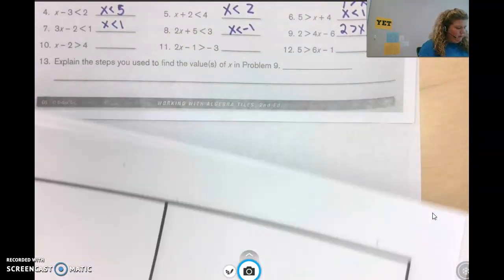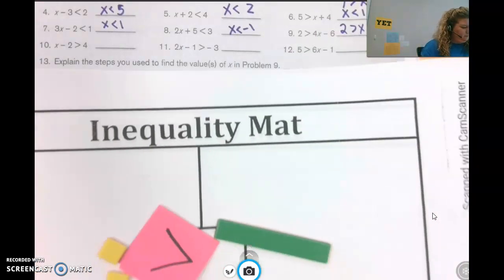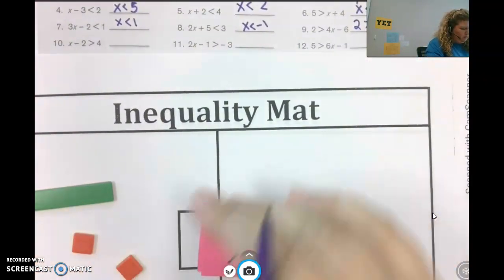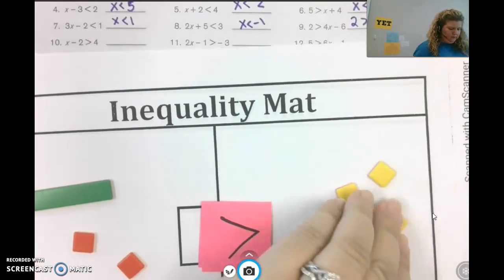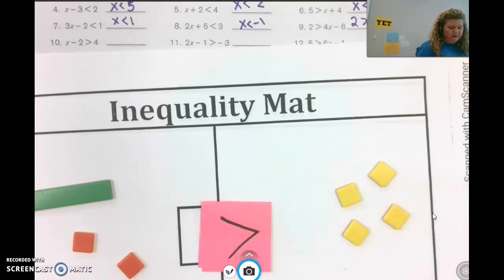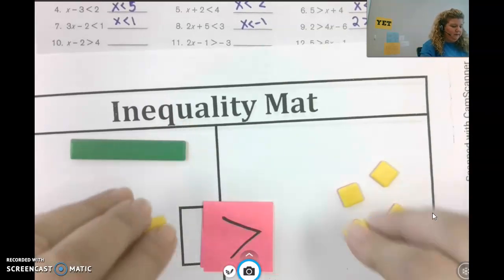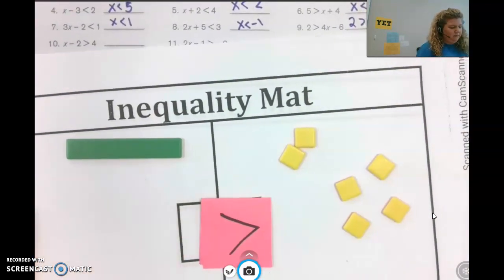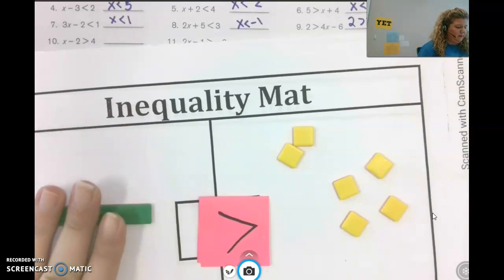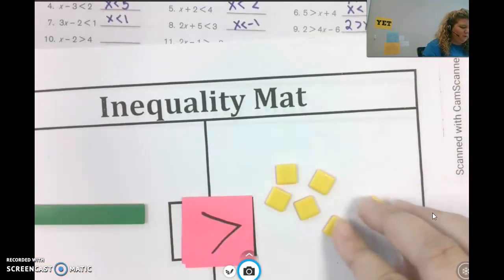Okay, so go ahead and work these others out. We have x minus 2 greater than 4. So I need to remove 2 negatives from each side. I don't have 2 negatives over here. So instead I'm going to add 2 positives to each side so that then I might remove these 0 pairs, and x is greater than 2, 4, 6.